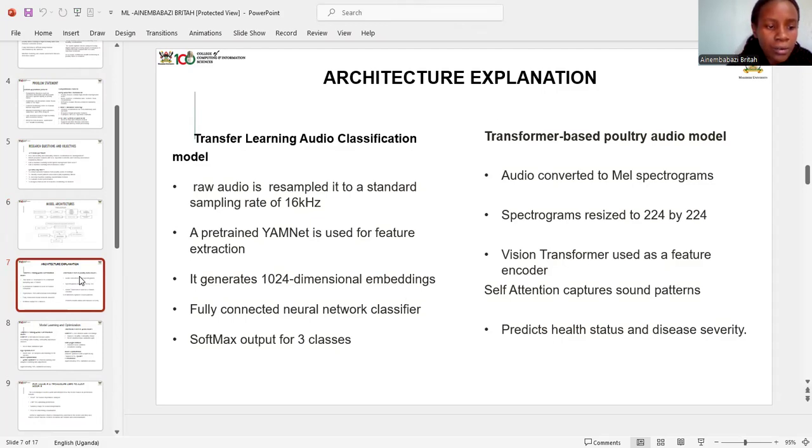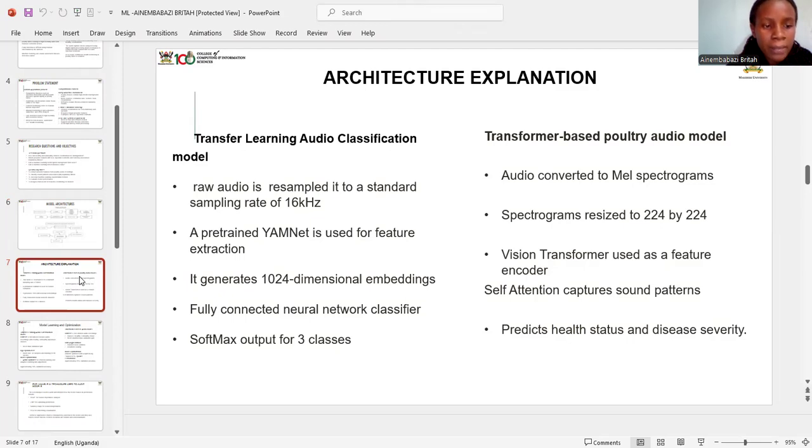It has already been trained on a large audio data set and is capable of identifying meaningful sound patterns. Then that model processes the audio signals and generates 1024-dimensional embedding vectors, which represent important acoustic features of the sound.